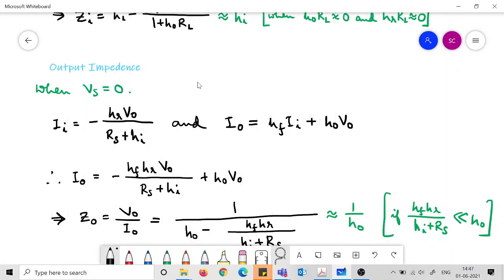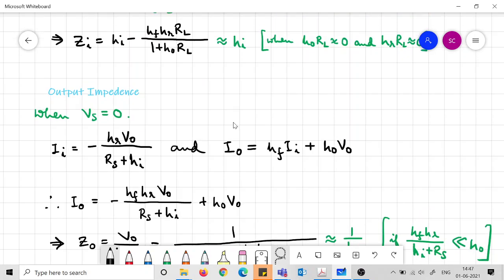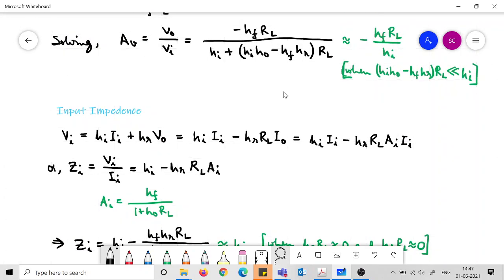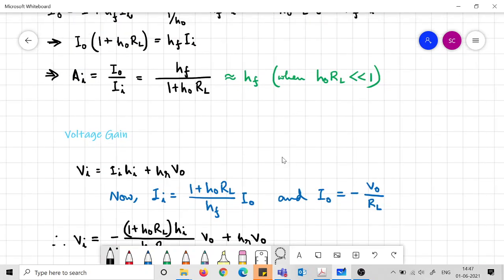Remember, the output impedance of the two-port network is calculated when Vs equals 0. So when Vs is 0, then your input current II would be, so let us see the diagram once.